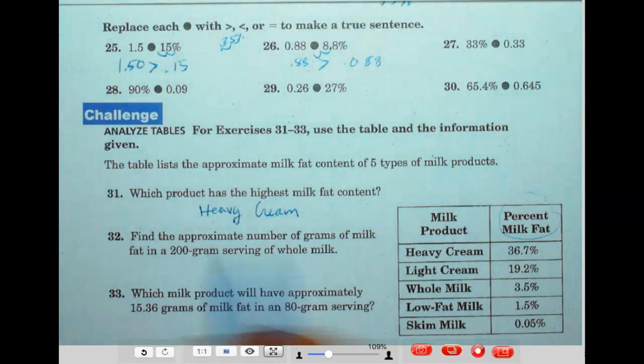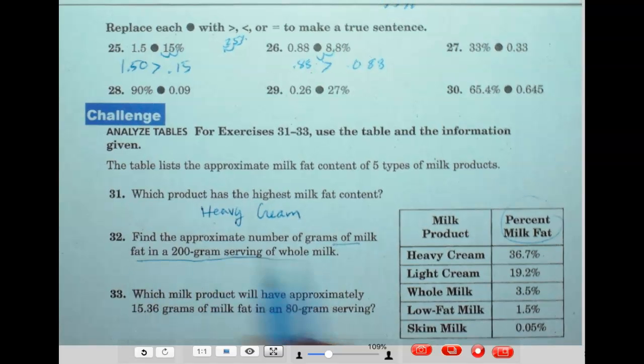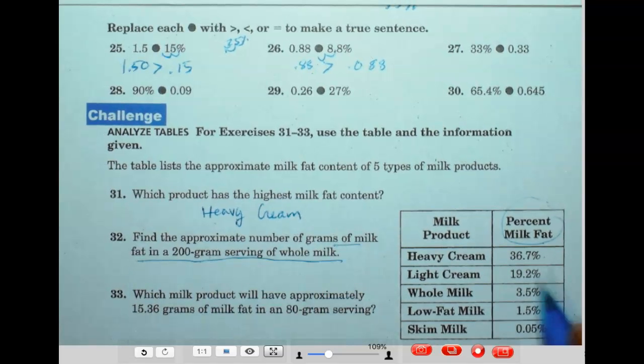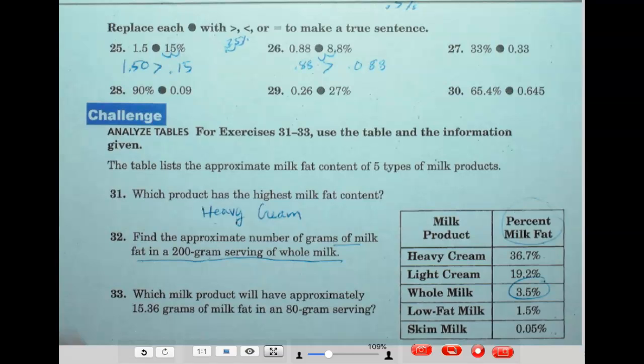Find the approximate number of grams of milk fat in a 200-gram serving of whole milk. So here's whole milk. Well, whole milk is 3.5%. Percent means per 100, right? So I'm going to make this into a decimal.